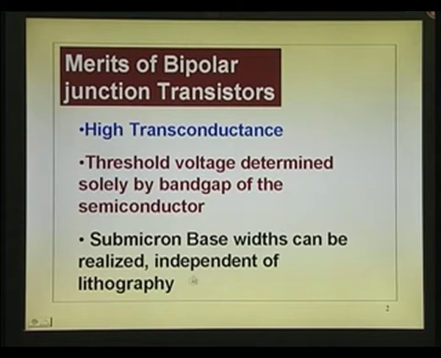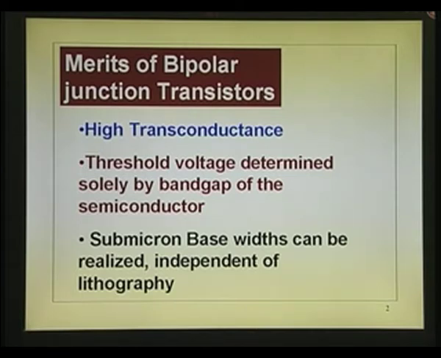Then we also discussed that submicron base widths can be realized independent of lithography. We have that advantage because you do not need to use lithography to control the base width.